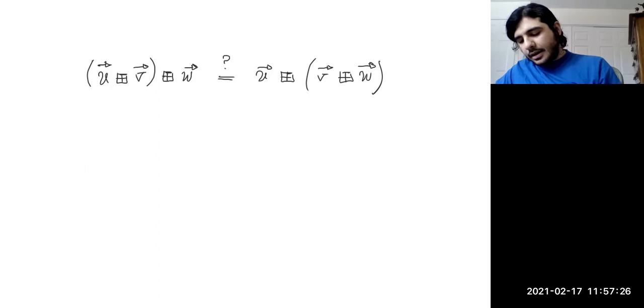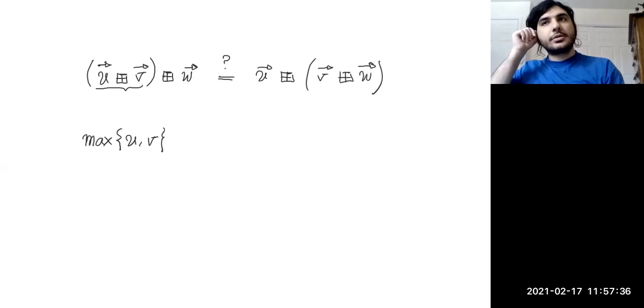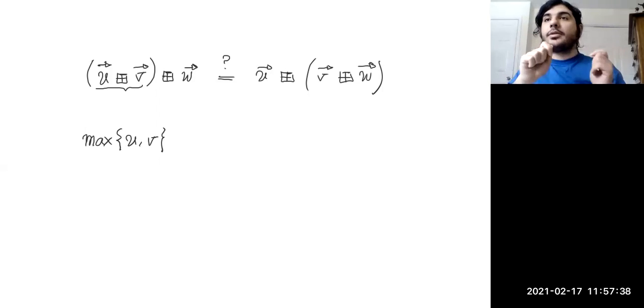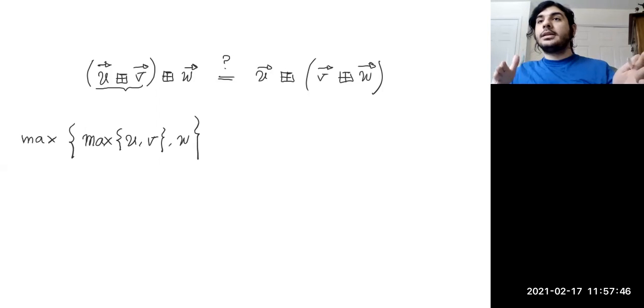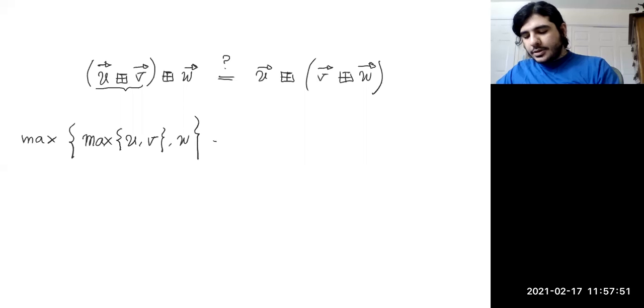On the left-hand side, it means first we should compute the max of u and v as two real numbers. Just as two real numbers, we should see what is the maximum of these two numbers. And then look at w and see what is the maximum of the max of u and v, and w. Well, this is simply just the maximum between these three numbers, u, v, and w, right?